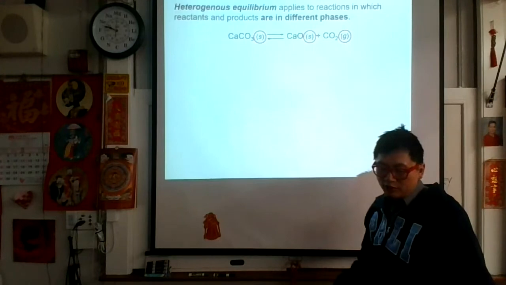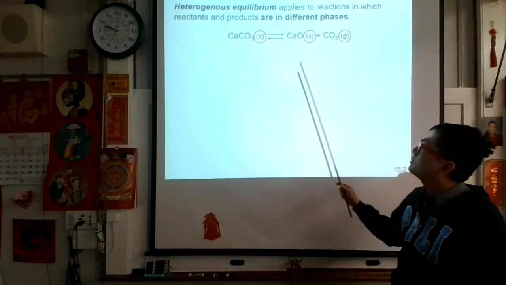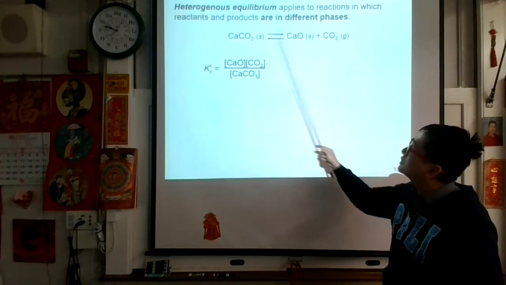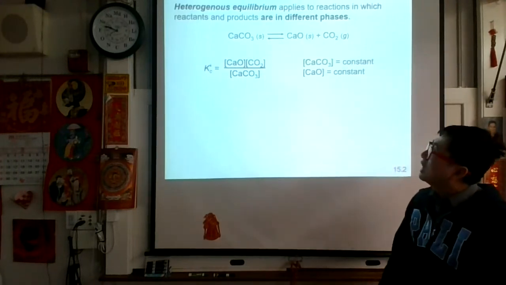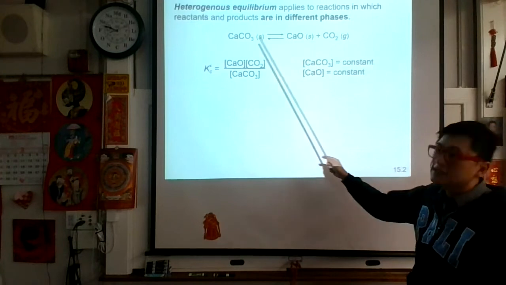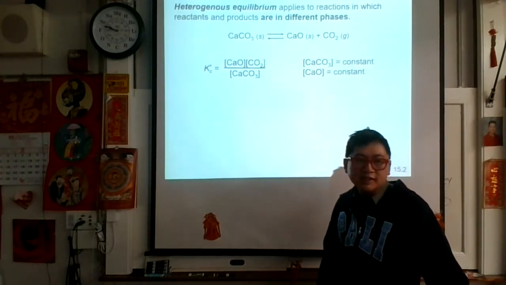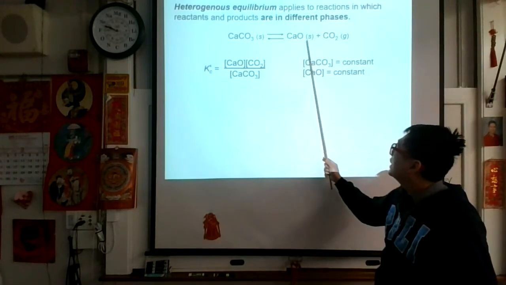Okay, what we did before, we said, hey, I can still do Kc or Kp: the products over the reactants. However, the concentration of solids never changes. Because one, we do concentrations of aqueous solutions, and these aren't even aqueous.